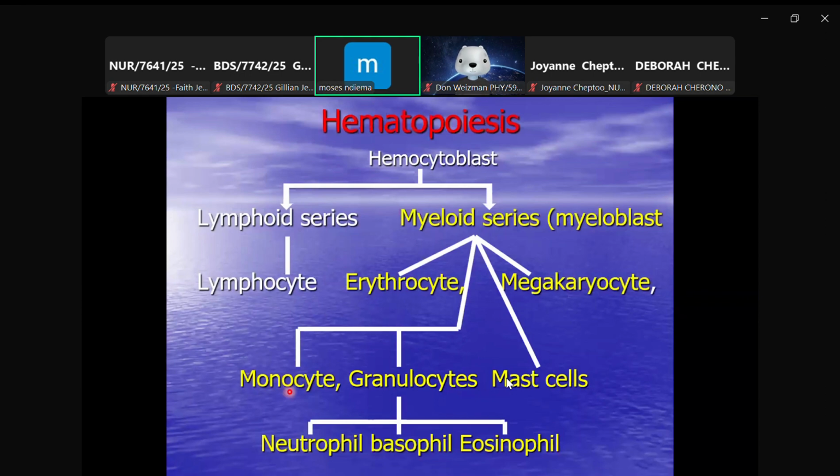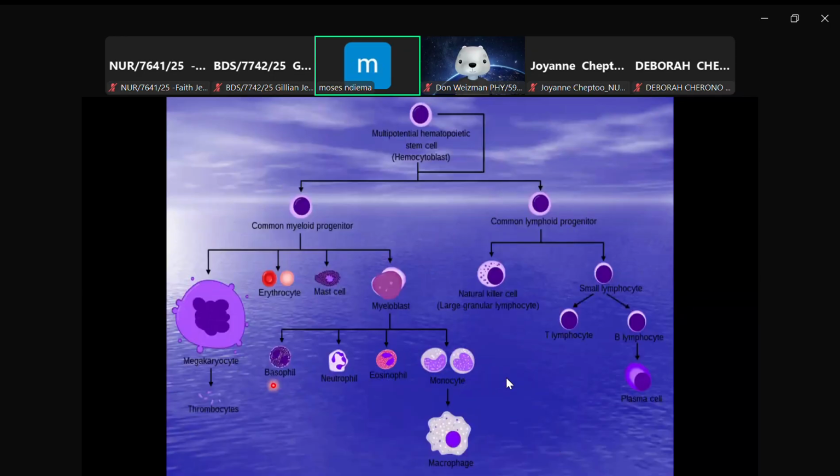Even before you come to this pluripotential, we have what you call burst-forming units, of the cells from a hemocytoblast. The hemocytoblast is the main stem cell that differentiates to different blood cells. The word blast means an immature cell. Hem is blood. So hemocytoblast is an immature blood-forming cell.